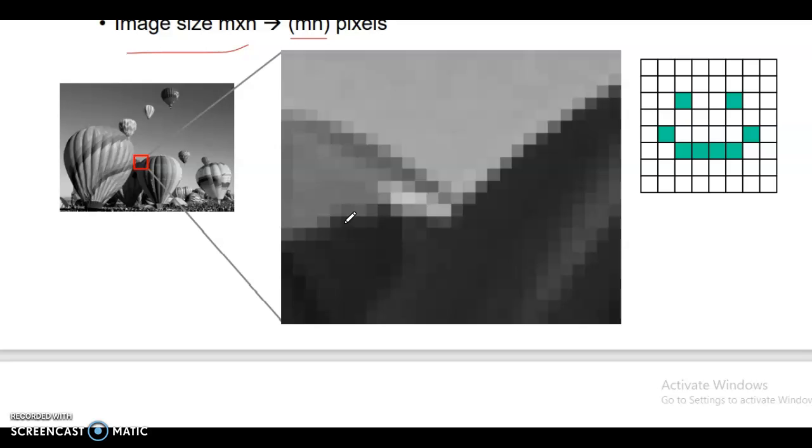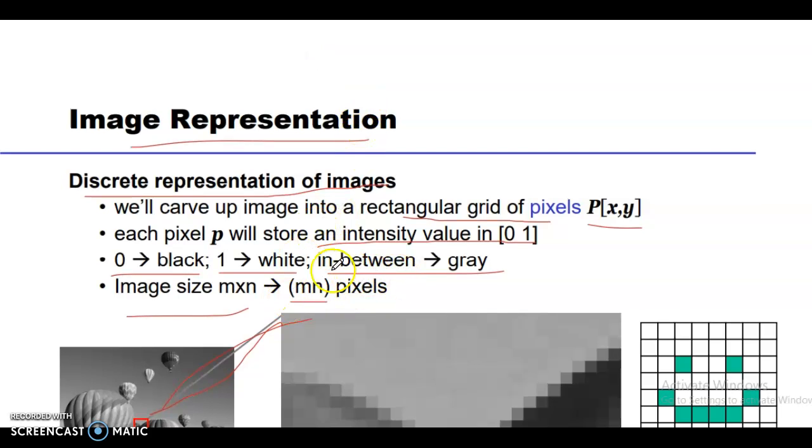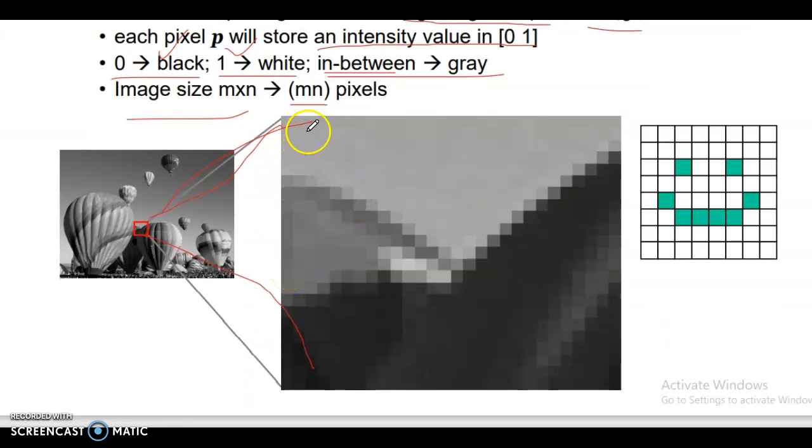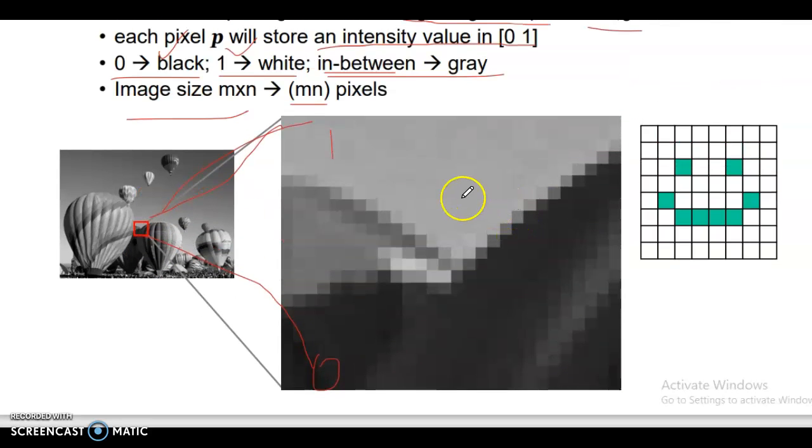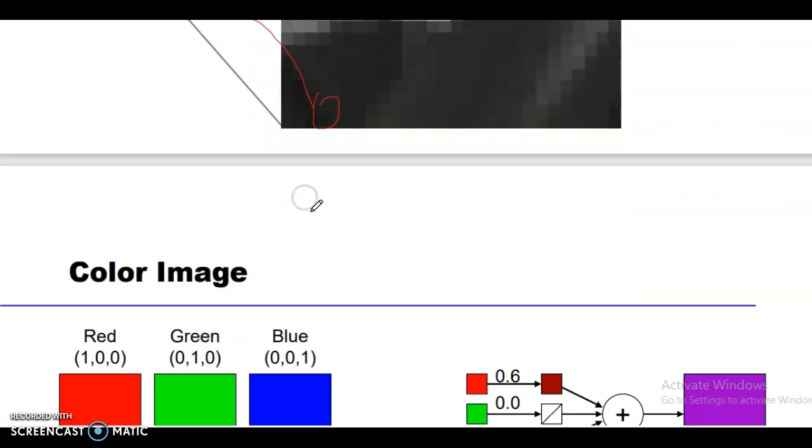Here this is black, here gray, between 0 and 1.